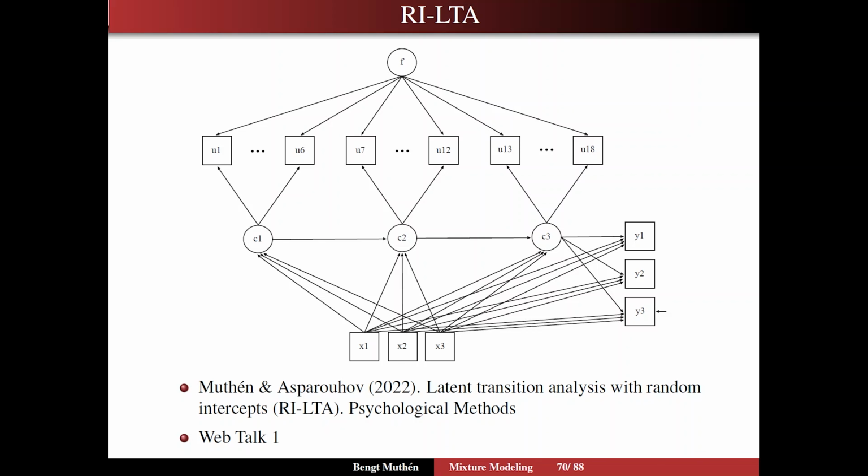Now turning to multi-step approaches, in this case the measurement model is this whole upper part of the model, all time points including F and including C on C for the latent class variables.